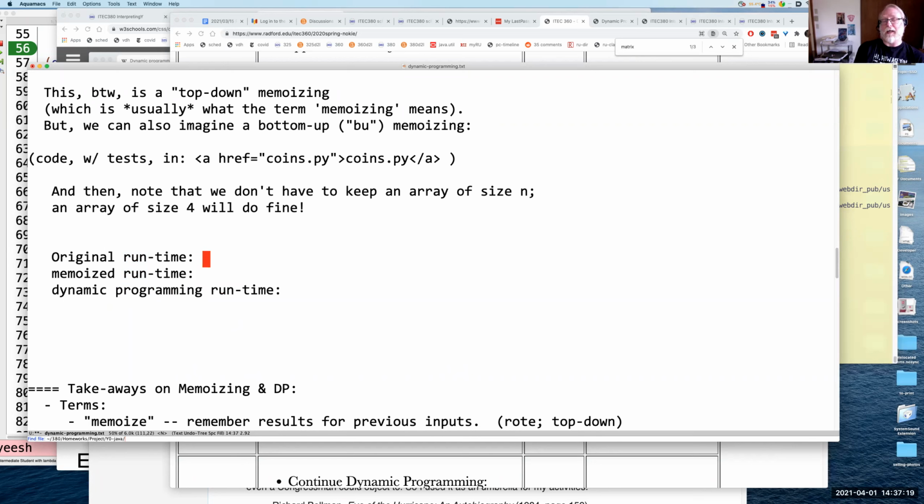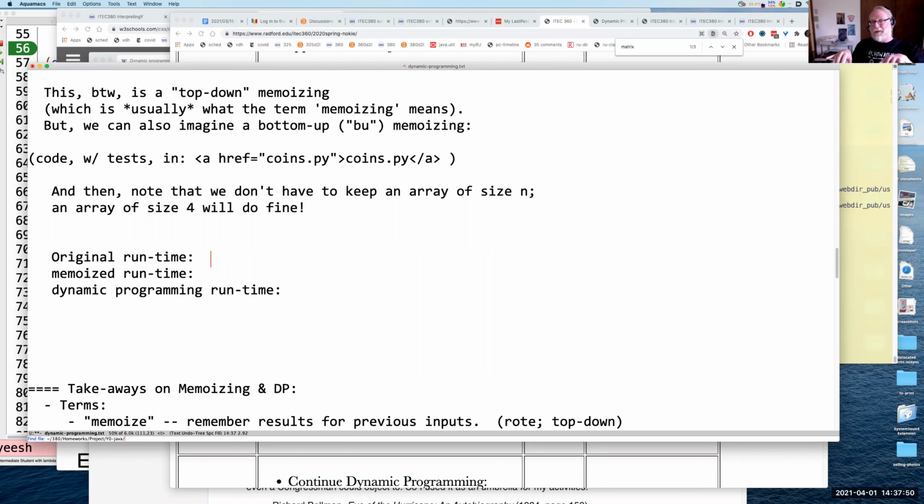Well, I'll tell you right now what was the runtime of the original version that said, what is coins of 57? It called coins of 54 and 53 and 56. And the coins of 56 called coins of 53, and both times I called coins of 53, each of them called a bunch of calls to coins of 51, and there are now like 4 of them or more, or 6.